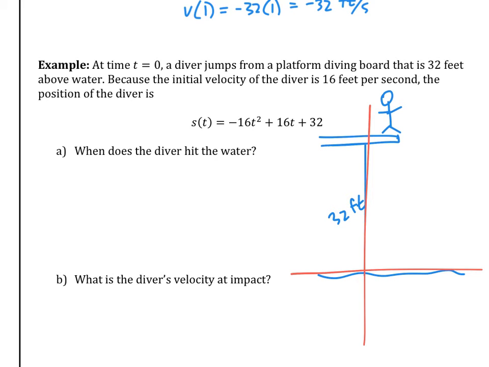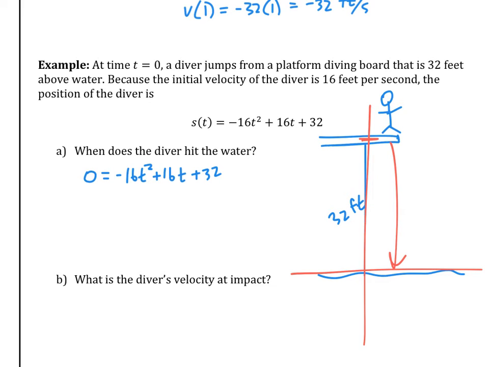I'm sorry. This is basically like if I think of water as the x-axis. So he is 32 feet above water right now. When is he going to hit the water? Well, that's when x is 0, right? So what we can do is just plug in 0 for the position. That's where he's going to hit the water. And then try to solve for t.